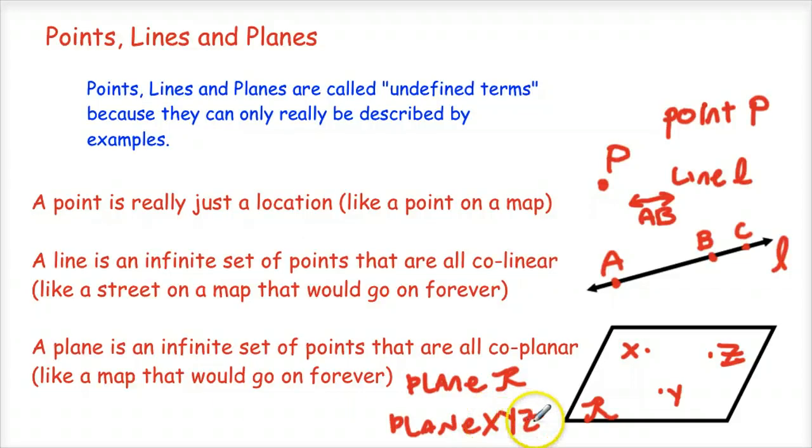I'm going to use three points to describe a plane instead of two points to describe a line. It helps me distinguish between the two. So I'm not just going to use two points to describe a plane. I always want to use at least three. Or I could use the script capital letter. That's going to distinguish between a point, which is just a regular type capital letter as well.